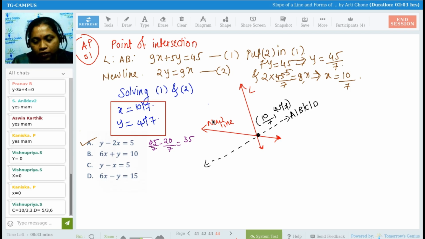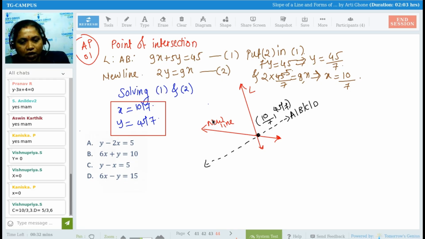Oh, sorry. No. First is not satisfying. Just check out which is the correct option. Done. Vishnupriya, Ashwin, Kanishka, Anil Dev. Done with the calculations fast.